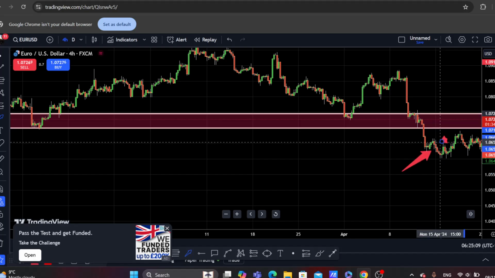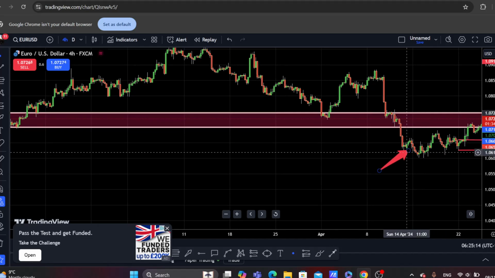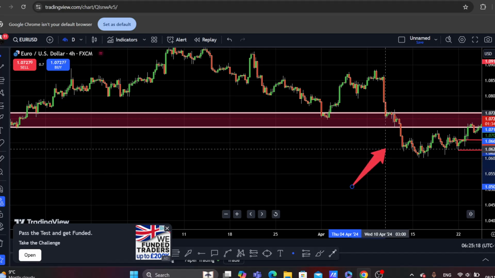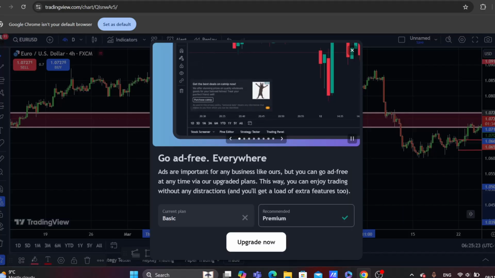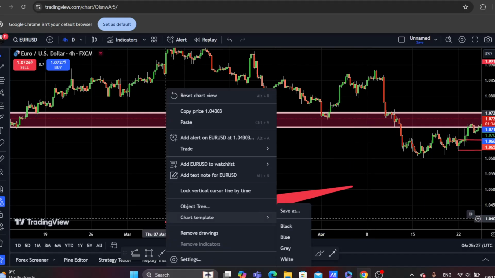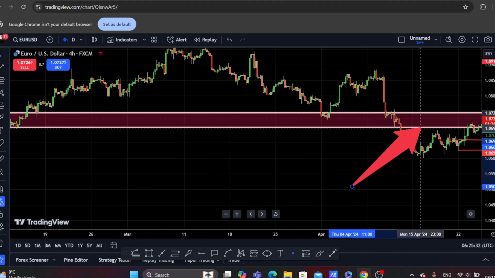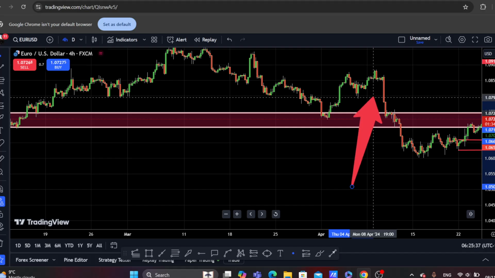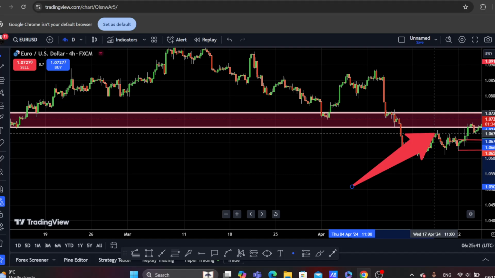Okay, so let's move slowly to the right again. Basically, in a nutshell, we don't participate in any of this madness happening right here. We stay away for all this to happen, for the level to be created, for the breakout to happen, for the retracement to happen. So we just wait and watch.